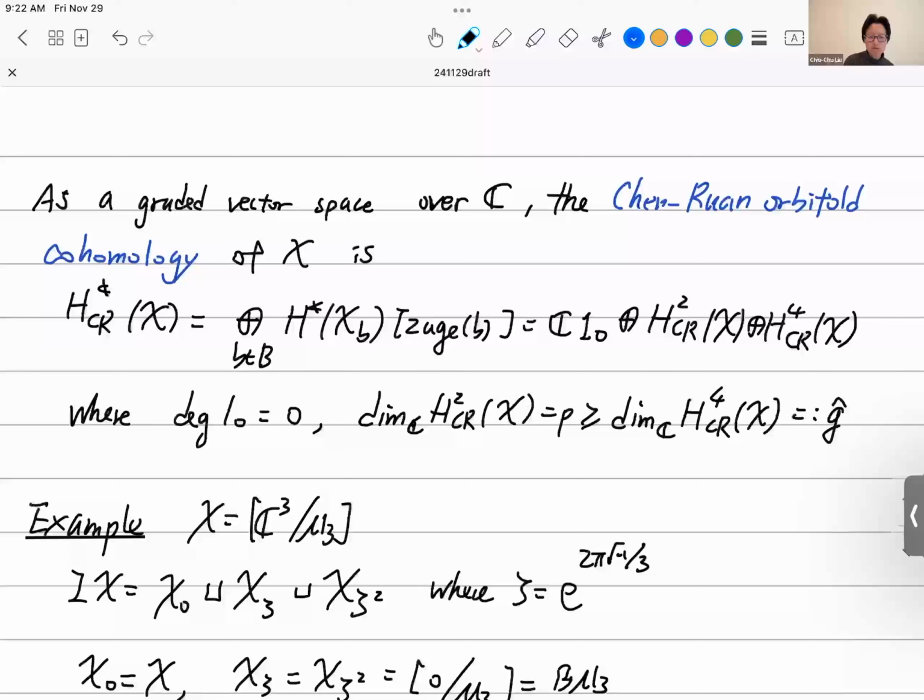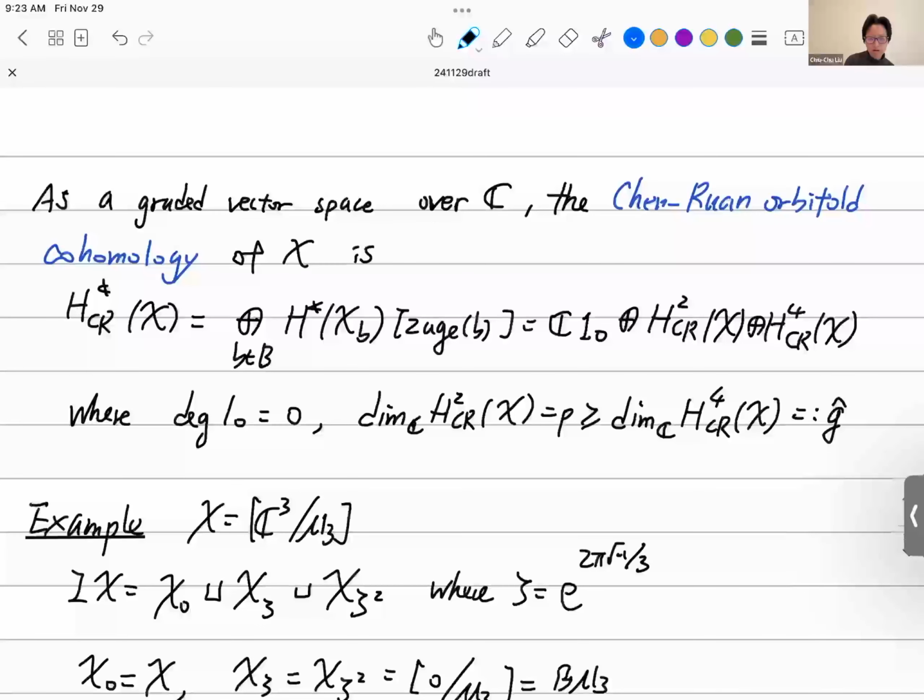So we just define this age. We know the age can be 0, 1, or 2, and we need to shift it. For X_0, we don't shift it. But if you have B, which is of degree 1, the age can be degree 0, 1, or 2.